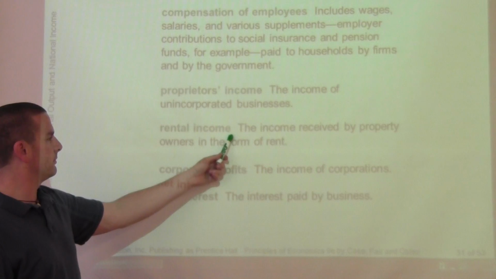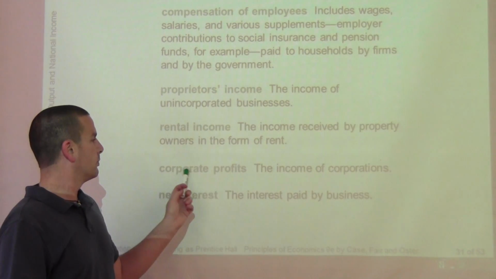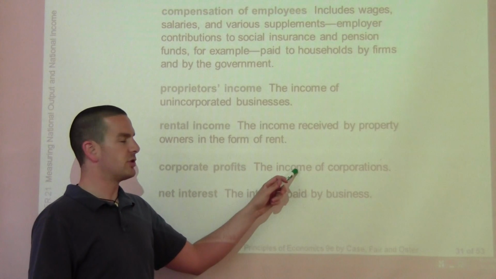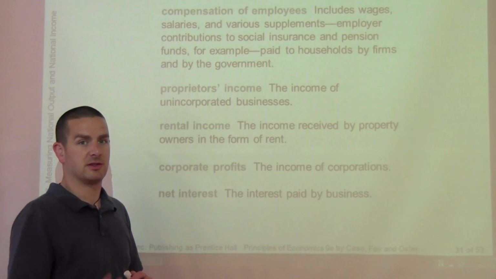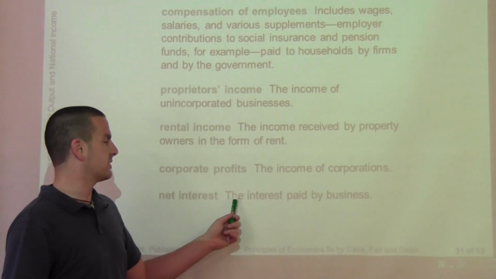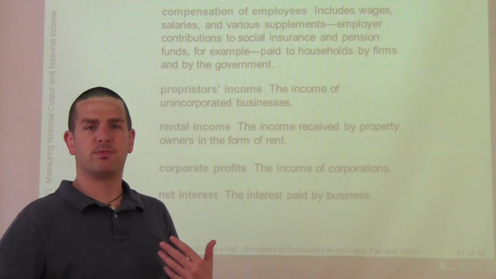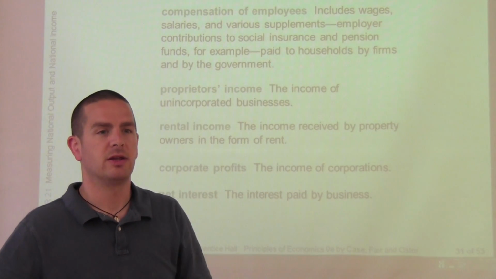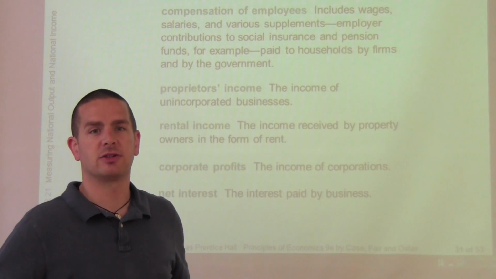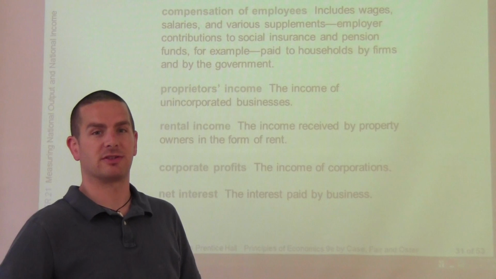Rental income, rent, is the thing you pay every month. Corporate profit is simply the income of corporations. And interest is the interest paid by business. If you're a banker, you typically earn interest. You make a loan to someone, say you loan someone $100, and you want that $100 back at 5% interest.